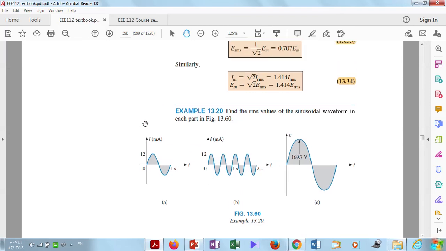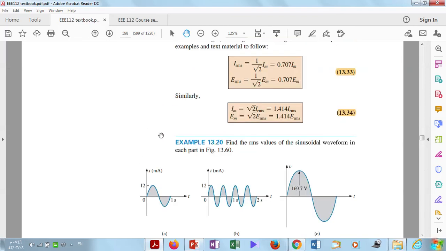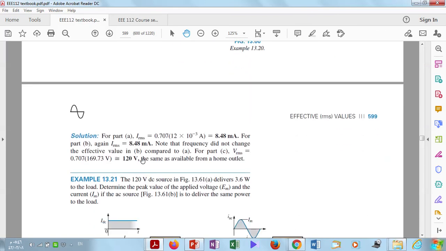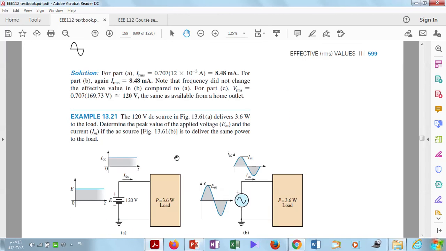This means if you divide the 12 peak by root 2, you will get the answer. Here similarly, since it is 12, it's a different waveform, part A is different from part B, but the peak is the same. This means the RMS is the same. RMS value 12 divided by root 2, but here 169.7 divided by root 2, you will get 120. And for A and B, 8.48 milliampere.